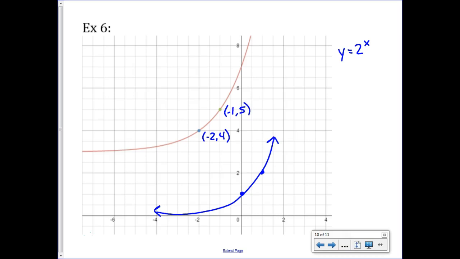So how did I get from 0, 1 to -2, 4? Well, I've moved left 2, and then I've moved up 3. So then I'm going to use y equals 2 to the x plus 2 and plus 3. And so that tells me left 2, up 3 is my transformation. So this is your answer.